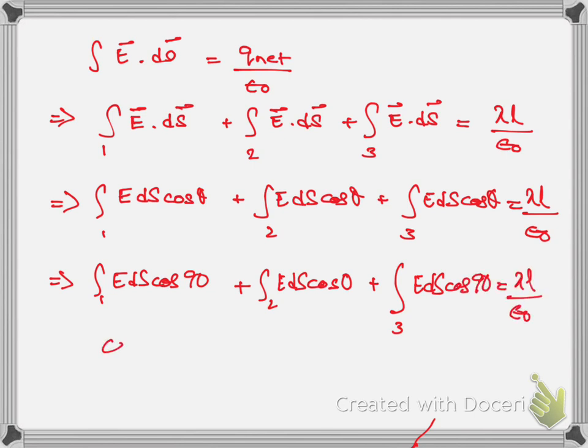We know that cos 90 is 0 and cos 0 is 1. So substituting these values, we are going to get E ds for the second surface is equal to lambda L by epsilon naught. Now since E is not a function of the area vector, it will come out of the integral.